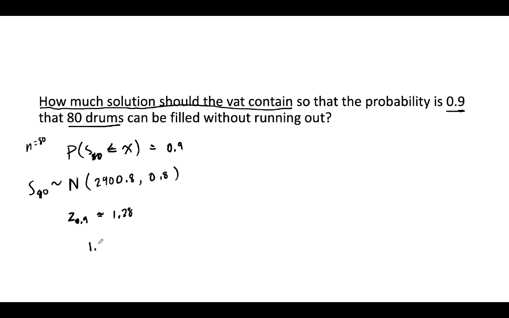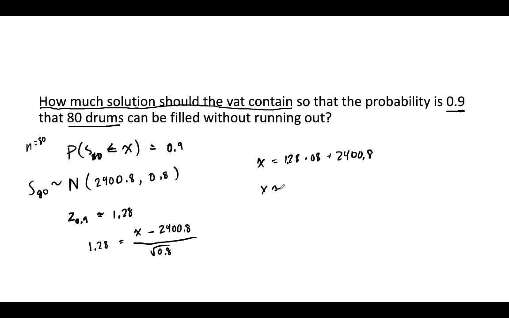All right, so I can go to my equation now. I now know what the z-score is going to have to be, but I don't know what the value here is going to be. I do know the mean, and I do know the standard deviation. At this point, it's just a little bit of algebra and a little bit of calculator work.